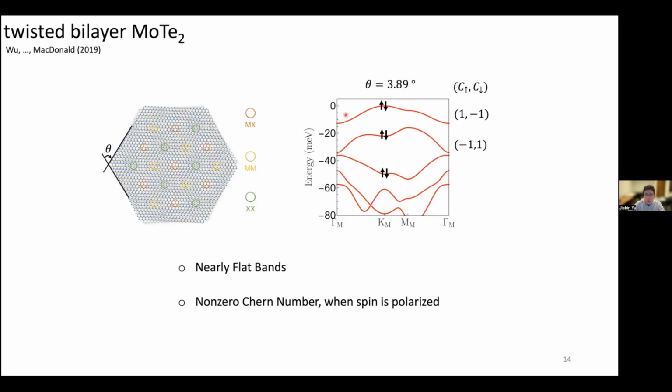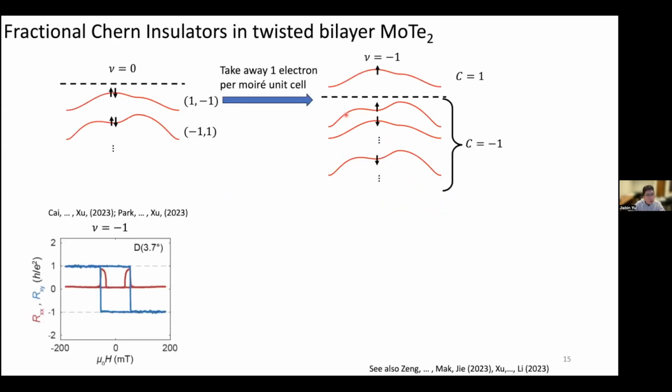Guided by this theoretical intuition, last year experimentalists made a big breakthrough, realizing the fractional Chern insulators in twisted bilayer MoTe2. So this is the main idea. At charge neutrality, the Fermi level is above all the Moiré bands. Now suppose we take away one electron per Moiré unit cell. At the single-particle level, the Fermi energy would just cut the top pair of bands.